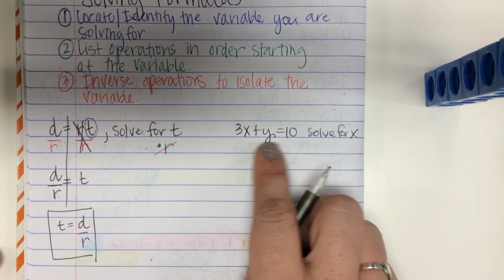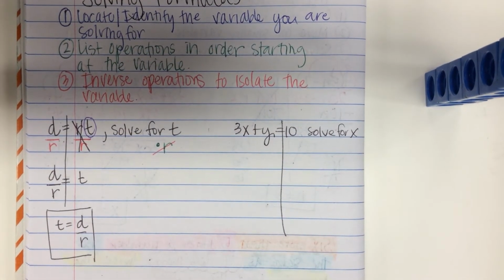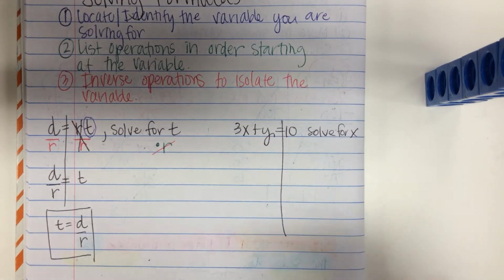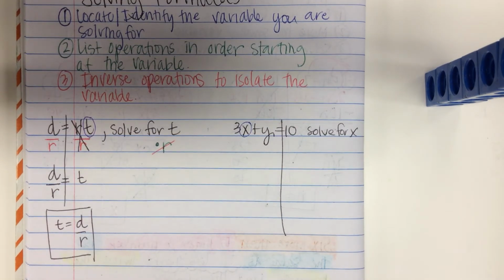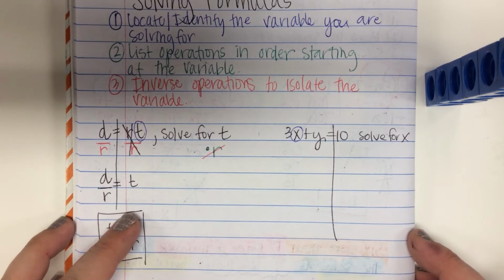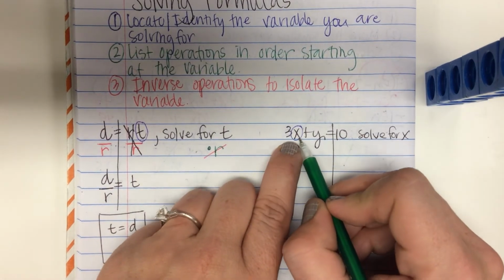Three x plus y equals 10, and I want to solve for x. So the first thing I'm going to do is identify, here's my x. The second thing I'm going to do is list the operations in order, starting at the variable. So here's my variable.